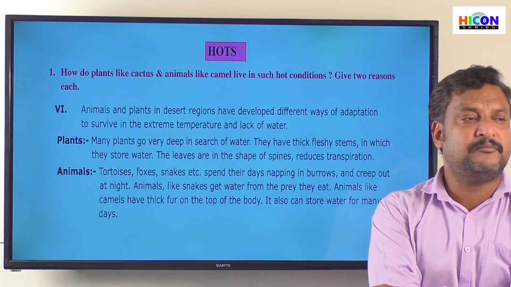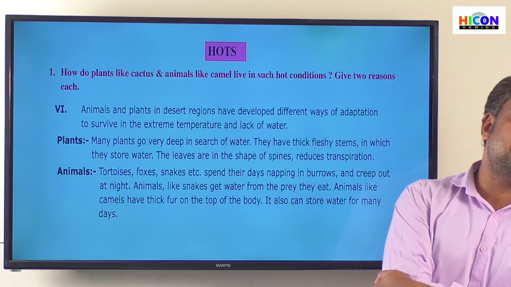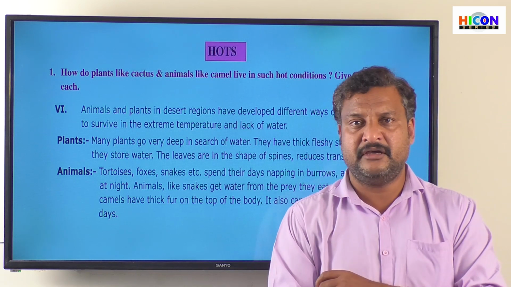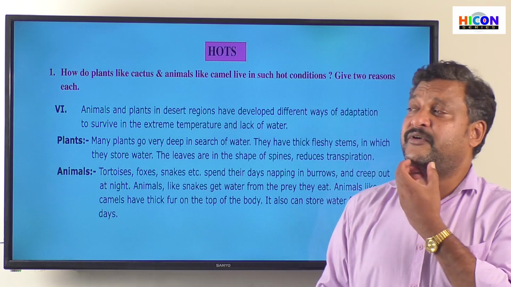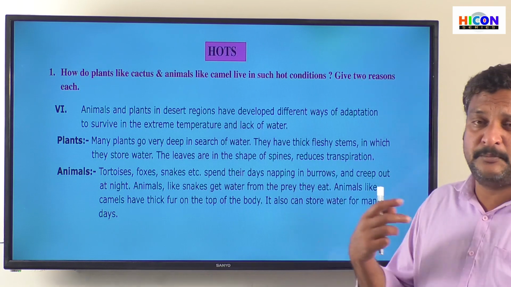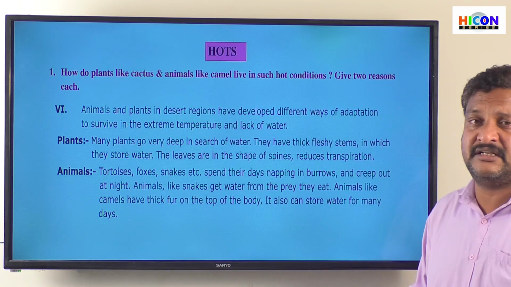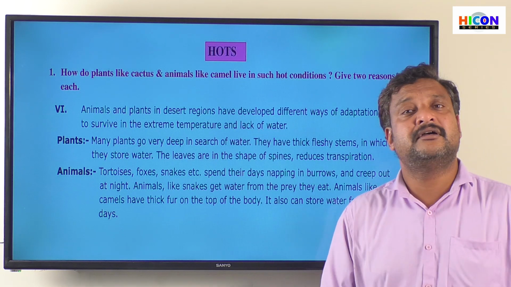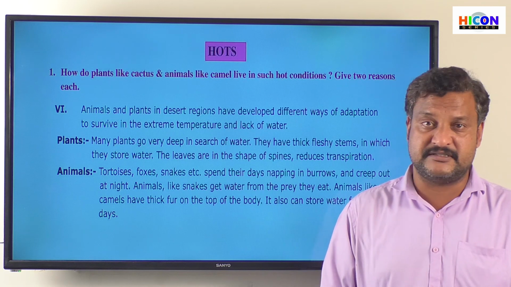So these are some features that we cannot see with animals in the usual regions. So in such ways, the animals and plants in the desert region have developed their own adaptations so that they can survive the extreme climatic conditions of a desert.